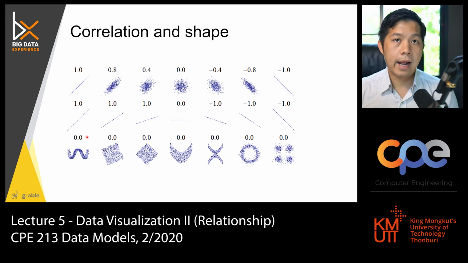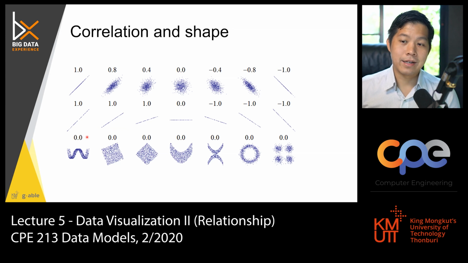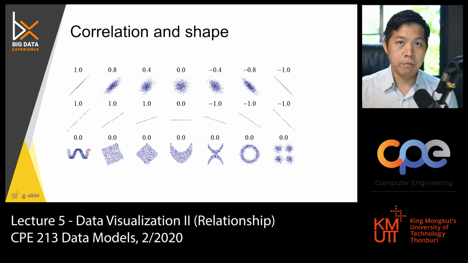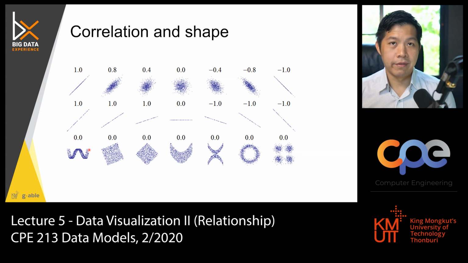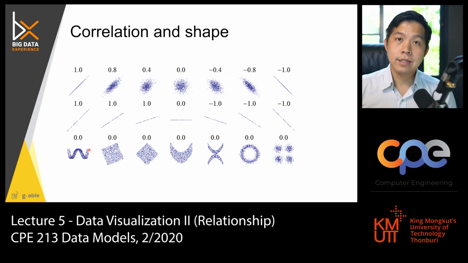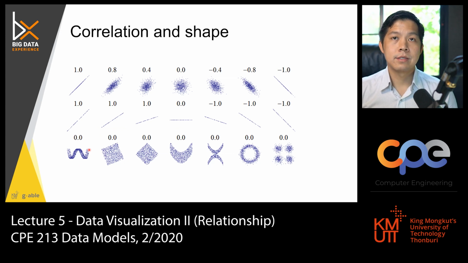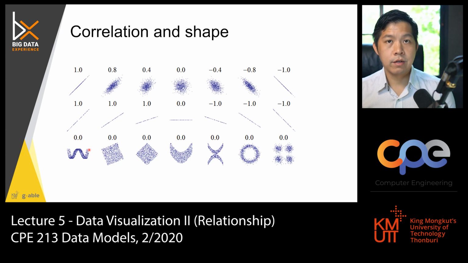If relationships are not linear, like this sinusoidal one, correlation would not be able to measure such a weird shape. You might need to use other things like polynomial regression, but those are hard to decisively conclude that they are related to one another or not.